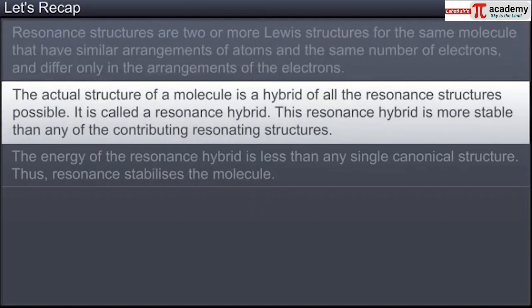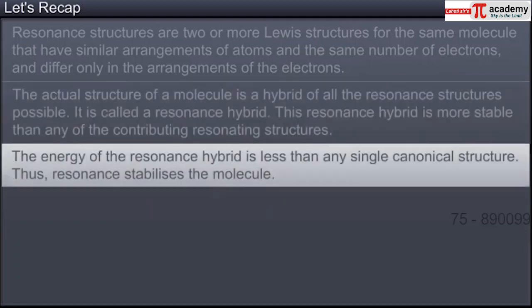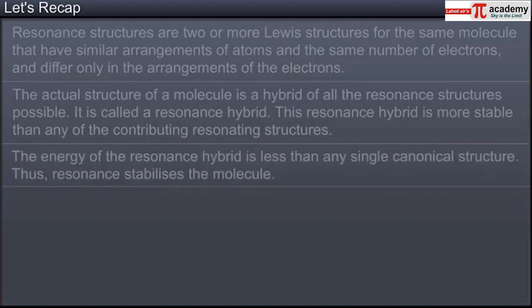The actual structure of a molecule is a hybrid of all the resonance structures possible. It is called a resonance hybrid. This resonance hybrid is more stable than any of the contributing resonating structures. The energy of the resonance hybrid is less than any single canonical structure. Thus, resonance stabilizes the molecule.